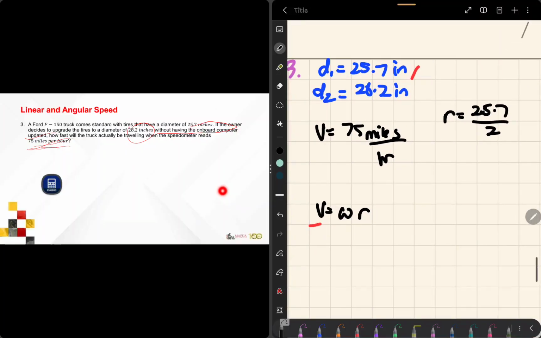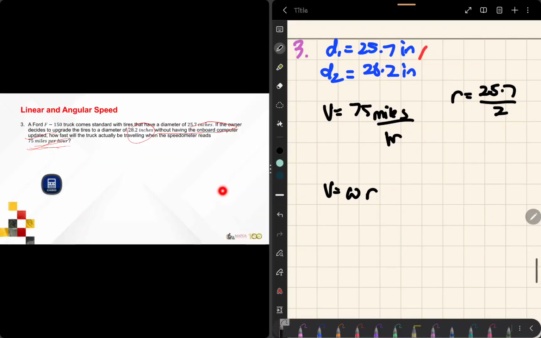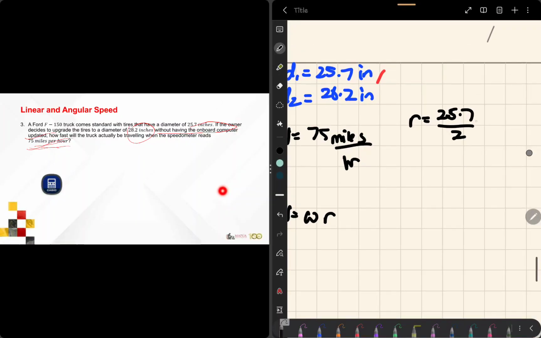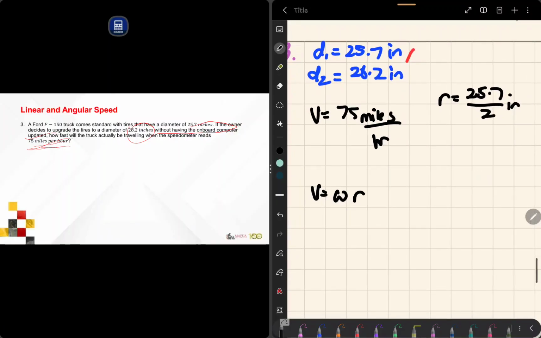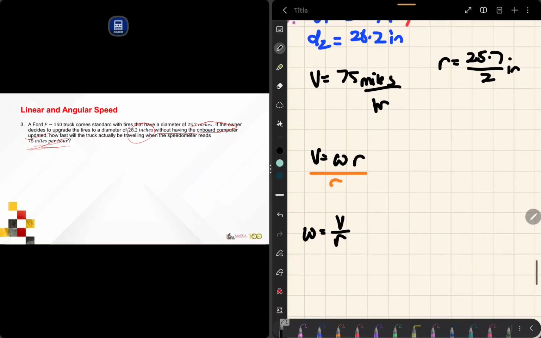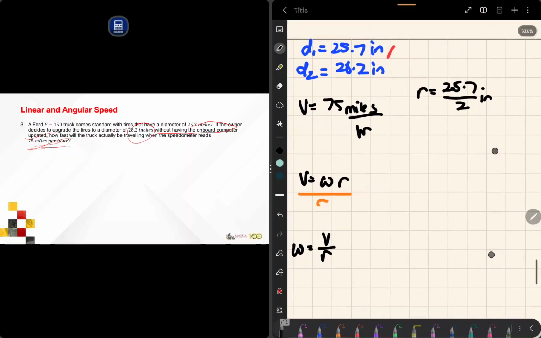Now we can solve for omega. Let us first isolate the angular velocity. We divide both sides by R, giving us omega is equal to V over R. Now we can substitute our values, but first, let us check our units.